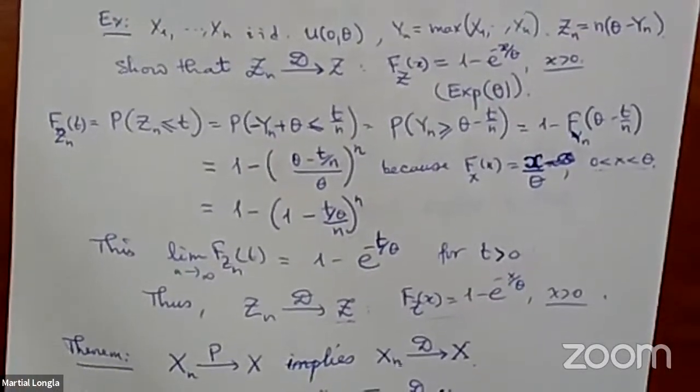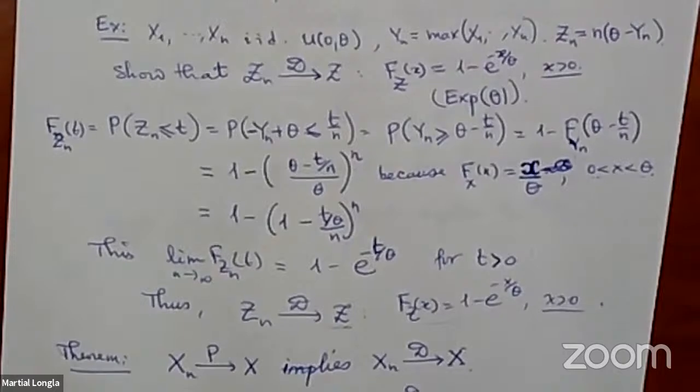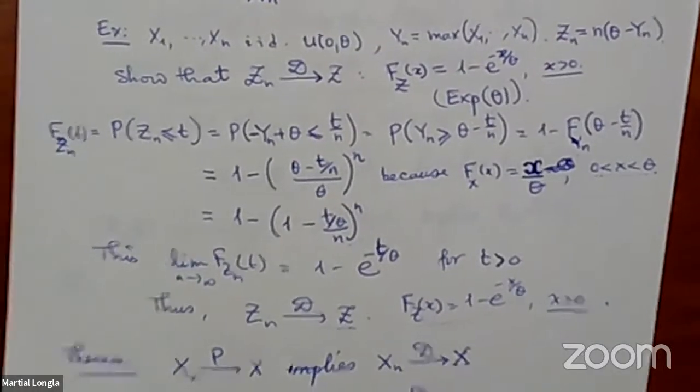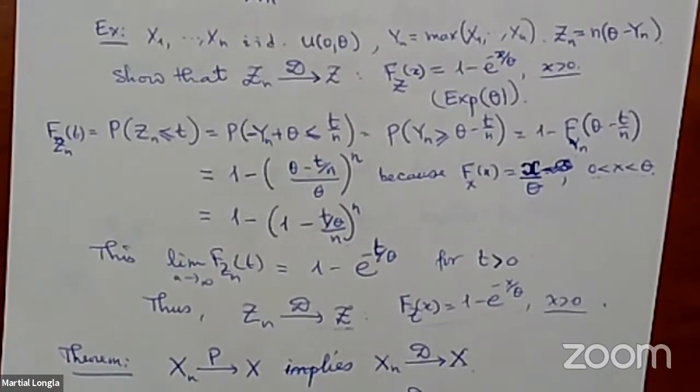The first theorem is this, that if Xn converges in probability to a random variable X, then Xn converges in distribution. The other direction is wrong. So convergence in probability implies convergence in distribution.